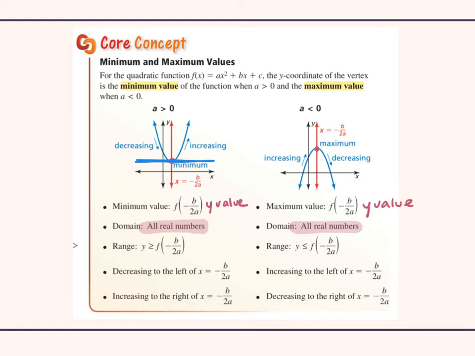We would actually put a bracket at our y value, and then it goes to infinity. If it opens down, our graph is going forever in the negative direction, so our range would start at negative infinity. And then it stops at whatever our maximum value is, so it would be just that y value for our max. So this is how we're going to write our range.